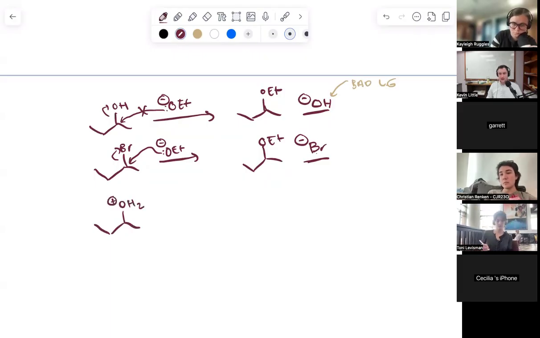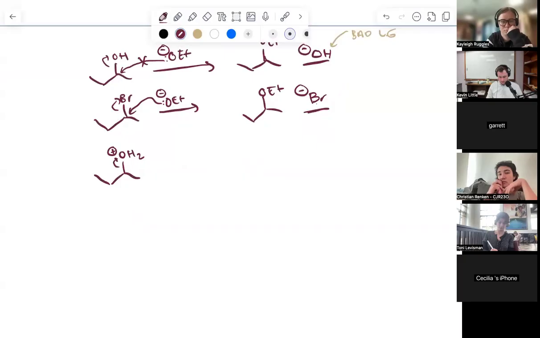So if I've protonated an OH, if an OH has an extra proton, well, now this is a good leaving group. It can leave on its own, just like a bromine could, in an E1 or an E2 situation or an SN1 situation.